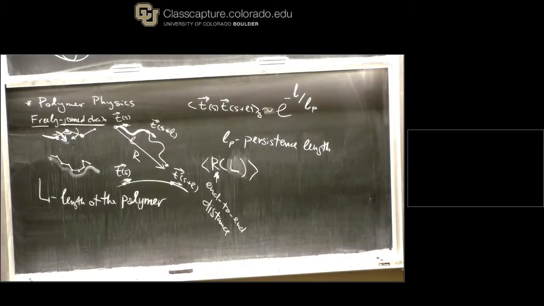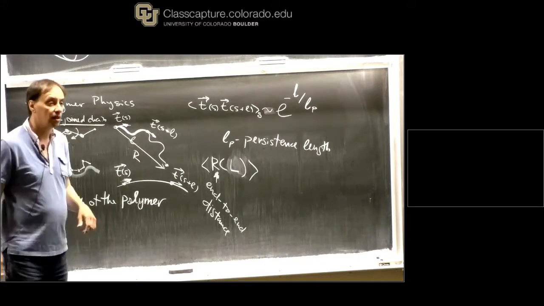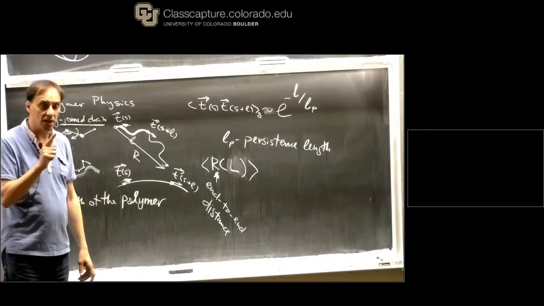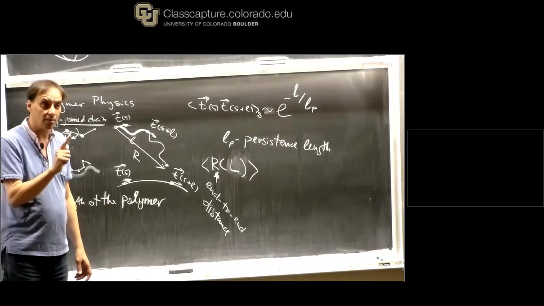What did I neglect in doing this? Tell me, why is the freely jointed chain a good or a bad approximation? Because freely jointed chain basically tells me that the polymer can do whatever it wants as long as two neighboring things are oriented in the same way. Yes? It can cross itself. So it has no topology. Okay, crossing itself actually implies two things.